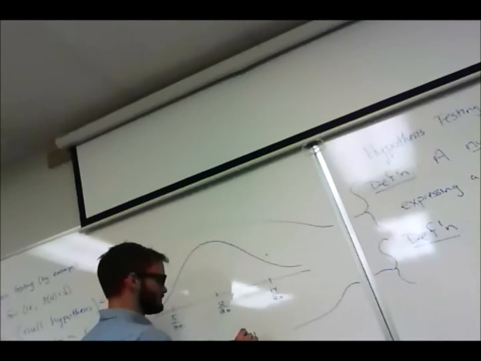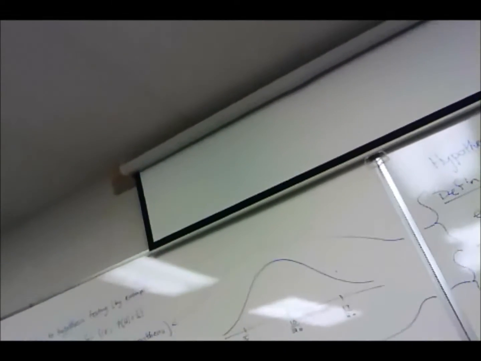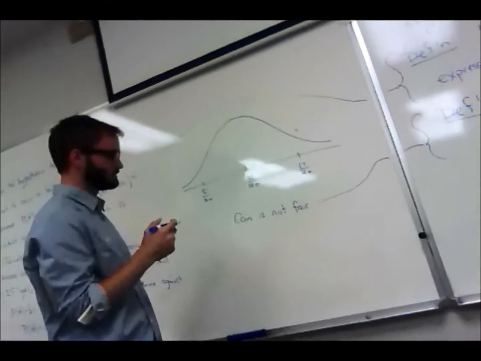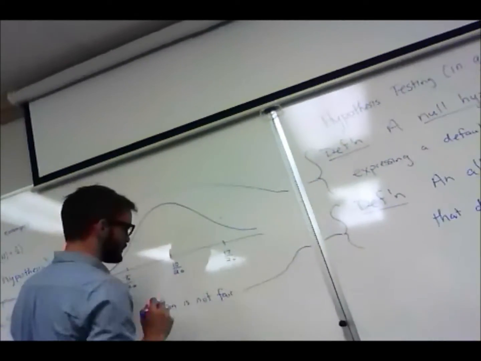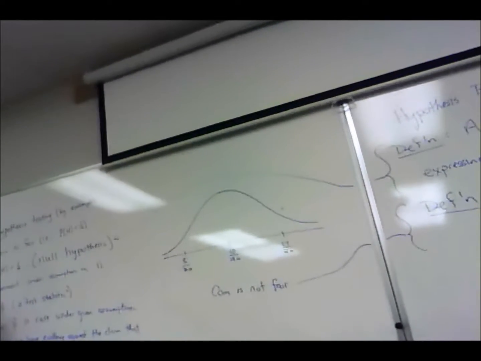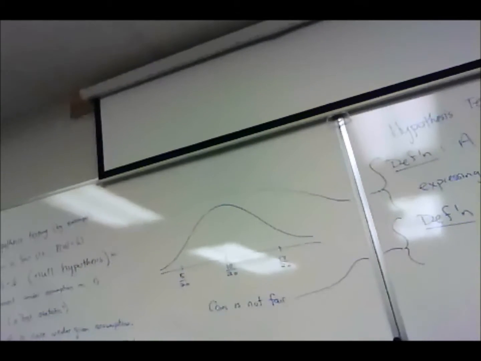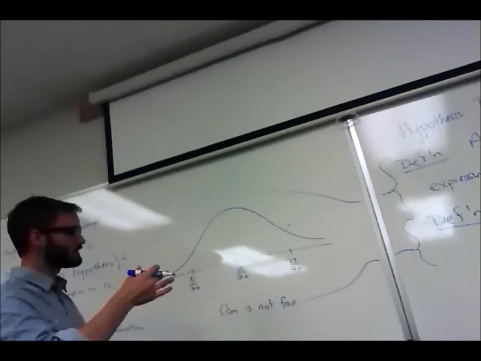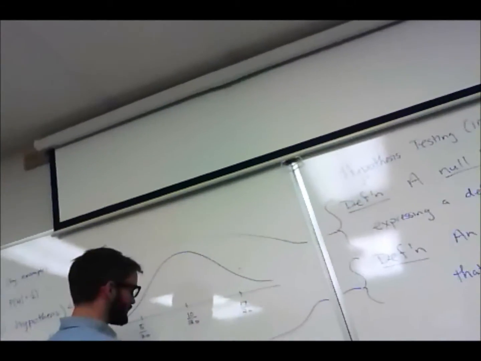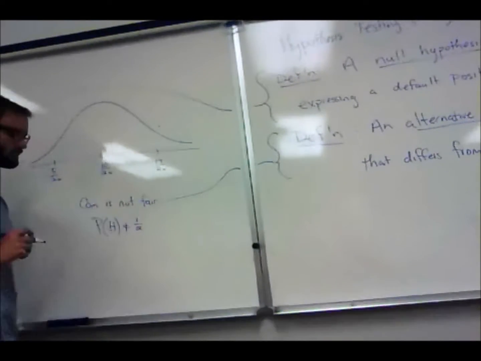Right, so what does that mean symbolically? I think you're on the right track. What does it mean for it to be fair? It means that the probability of heads is 1/2. So what does it mean for it to not be fair? Anything above 1/2 or anything below 1/2. So that would be something like the probability of heads is not equal to 1/2.